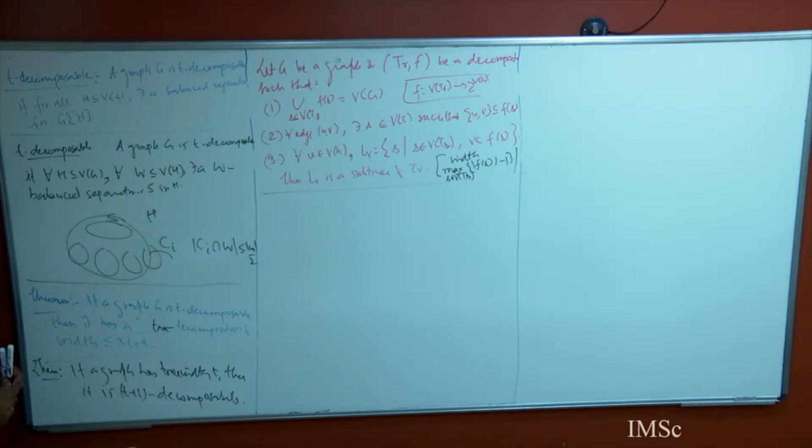The reason I wrote this is that we were able to use it for a proof. It was a good old open question whether this definition is enough to prove something of this nature, that is, if a graph G is T decomposable with respect to this definition, then it has a tree decomposition of some width.